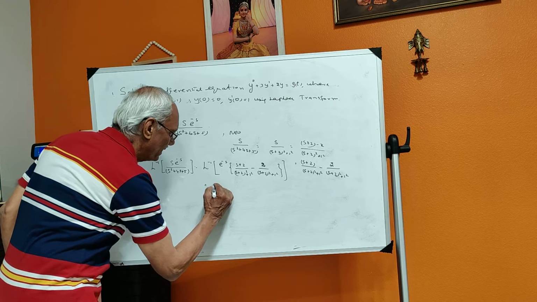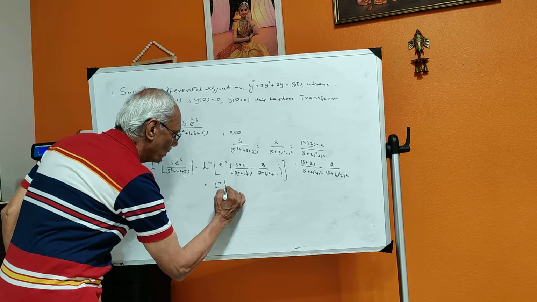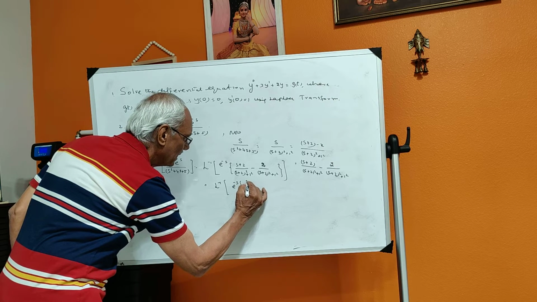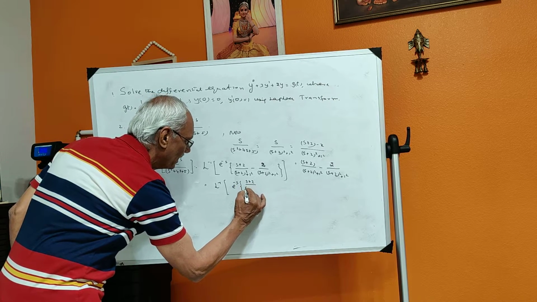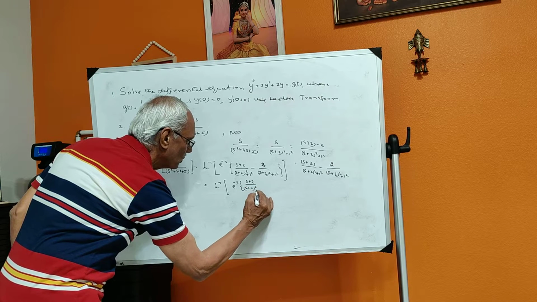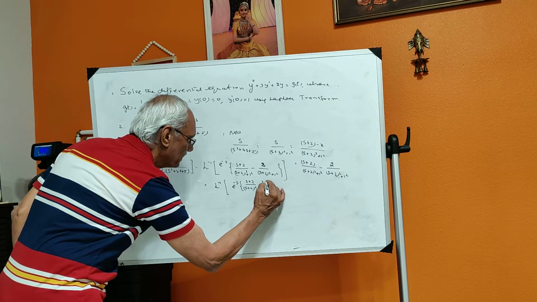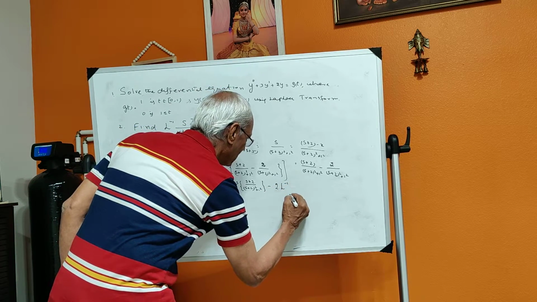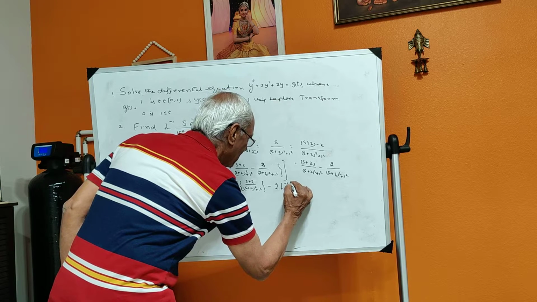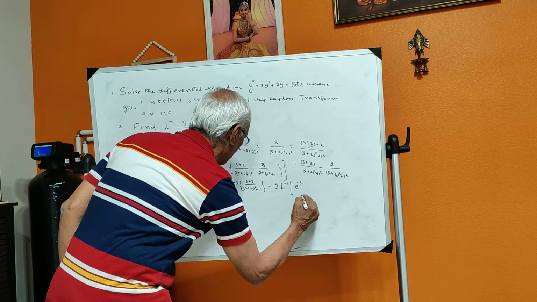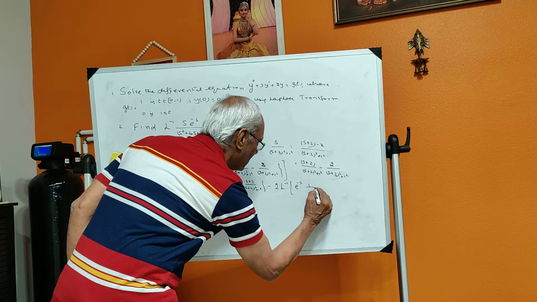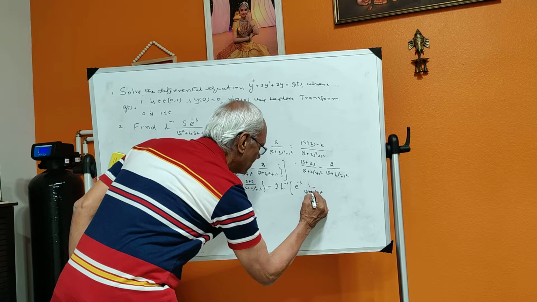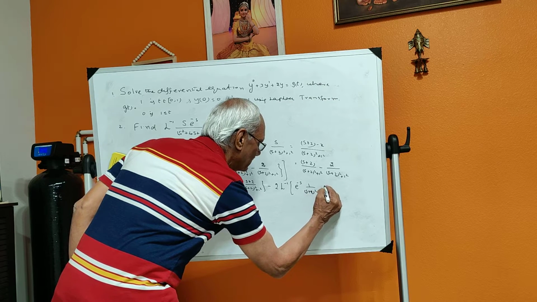So, I can very well write this as L minus 1 of e to the power of minus s times (s plus 2) divided by (s plus 2) whole square plus 1 square, minus 2 into L minus 1 of e to the power of minus s times 1 divided by (s plus 2) whole square plus 1 square, and this is what you get.